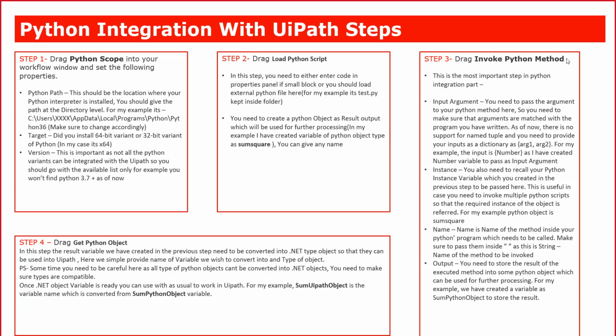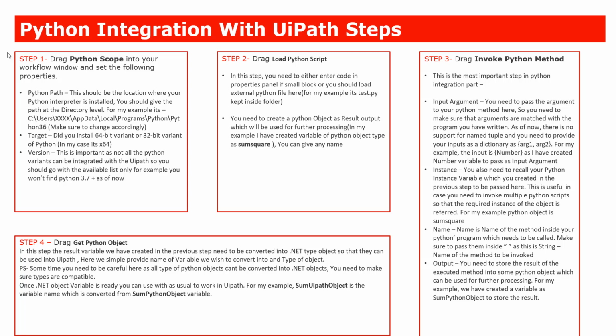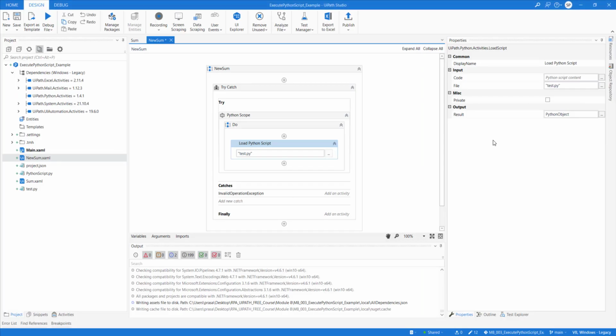These are the few important properties that we need to configure in UiPath Studio for your automation to work. So let's quickly go to UiPath Studio and see how we should be able to do that.